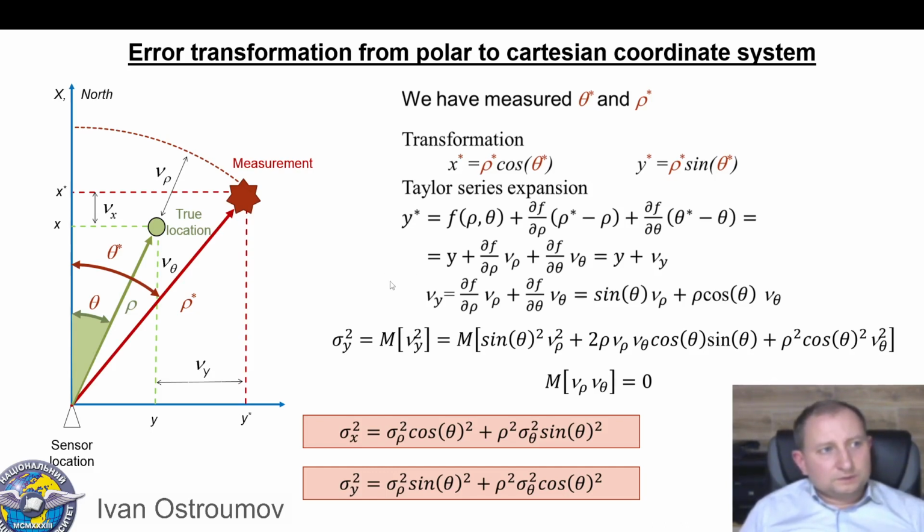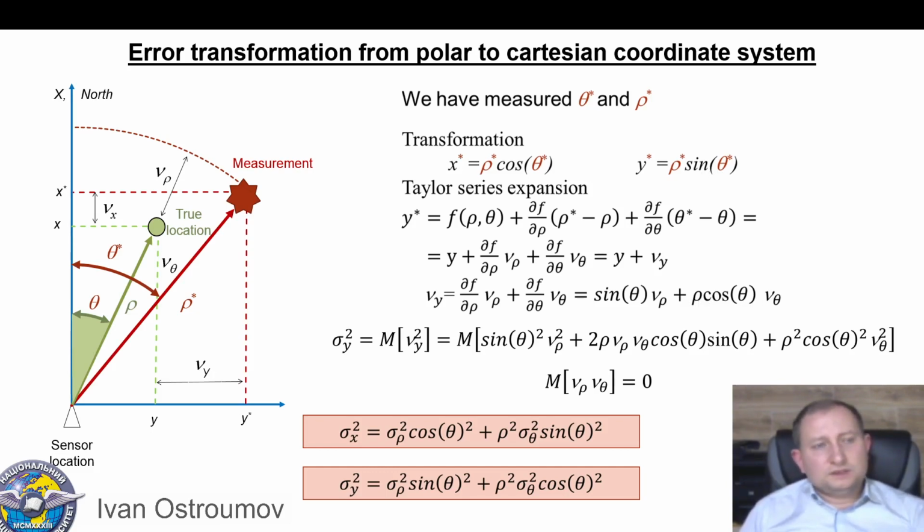However, next we will add y, and here we've got the same unless sine and cosine, because in this case first derivatives by rho from sine, it will be sine theta, that's why we still sine here, plus first derivatives from sine by theta, by angle, it will be plus cosine, that's why it will be plus rho cosine theta.